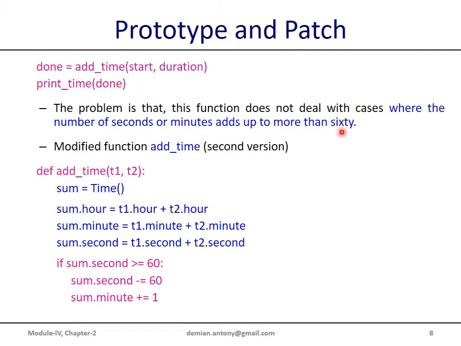Let us improve the first prototype of add_time by incorporating solutions to these two complications. When minutes add up to more than 60, what to do, and similarly for the seconds. So this is the second version, an enhanced prototype, because we are now dealing with the complication.